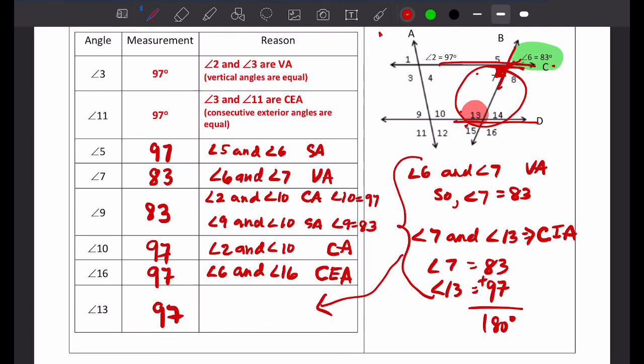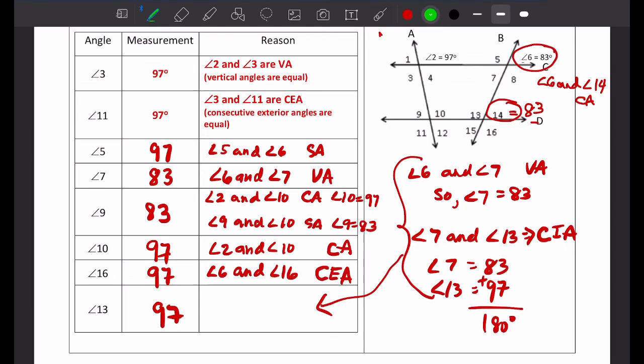Another way you can do the reasoning, okay, there are many ways of doing this. Another way is angle 6 is a corresponding angle to angle 14. So angle 6 and angle 14 are corresponding angles, and corresponding angles are equal. So this is 83 degrees.